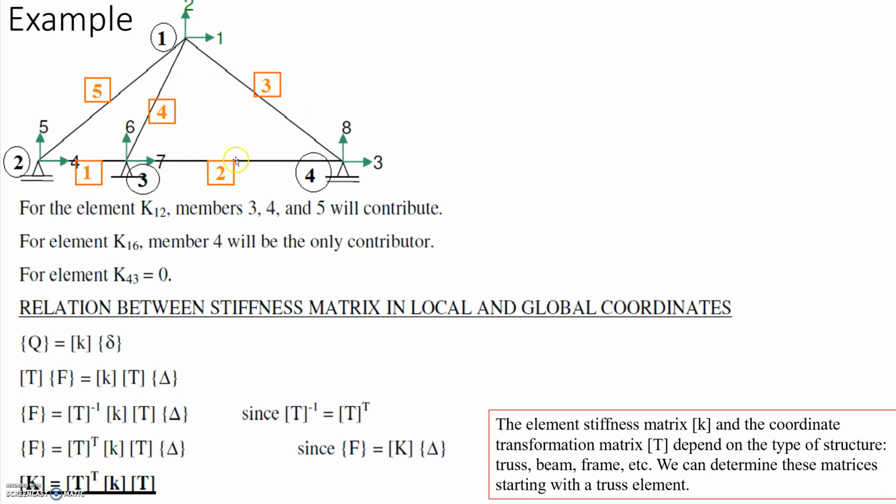That's basically an example, as you can see right here, and I'm just going to ask you to do the numbering for the members and the numbering for the nodes. So you have members 1, 2, 3, 4, 5, and you have the nodes, and then you are going to do what's near and what's far and start establishing the stiffness matrix for the member, and then the transformation, and get the stiffness matrix for the structure, and you will be able to identify the displacements and the forces developed in the structure.